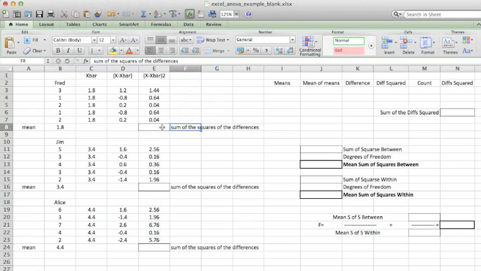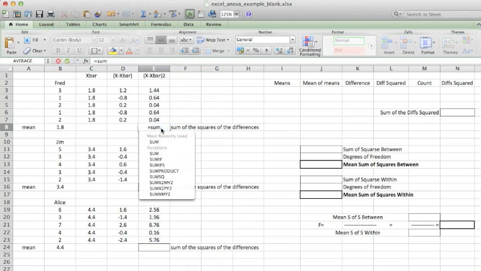Our next step is to square the differences between the values and the means. For each group, we'll calculate the sum of the squares of the differences.